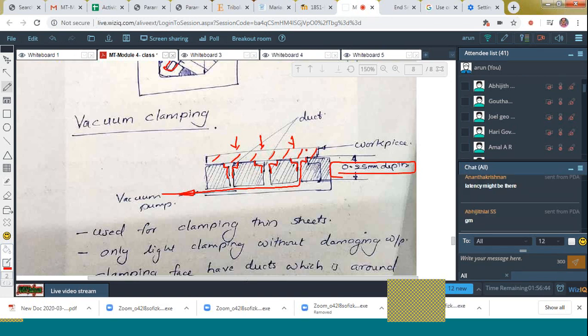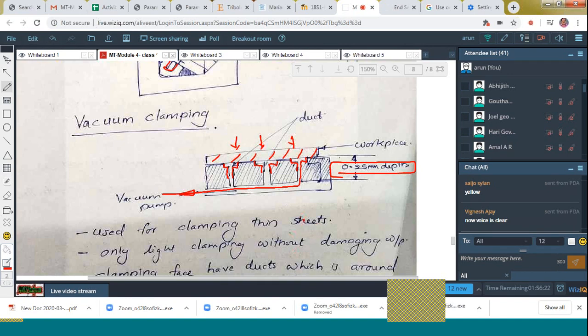Sometimes you will get the good color. If it is green, you can sit inside the class. Red means it is a poor connection. Now I have green here. So I think that may be your side.